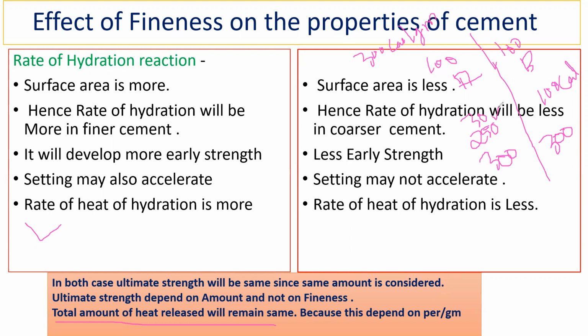In the first 30 minutes 250 calories per gram is released, whereas here only 100 calories per gram is released. In the next 1 hour, 2 hours, 3 hours and so on, when the final hydration finishes, both will reach 300 calories per gram. That is why the total amount of heat release remains the same, because it depends on per gram. So these were the effects of fineness on the properties of the cement.